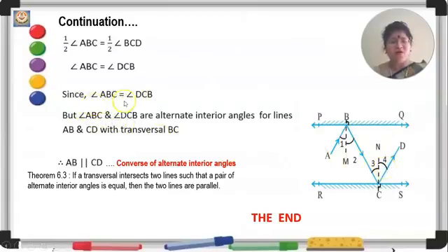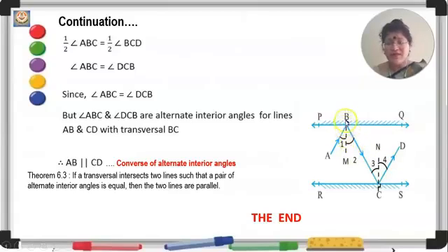Yes, see, they are congruent and they are alternate. Then what happens to those lines? Those lines will be parallel. So AB will be parallel to CD. So to sum it up, students, in this problem, this angle is congruent to this by the laws of reflection. This angle 3 is congruent to angle 4 by the laws of reflection.